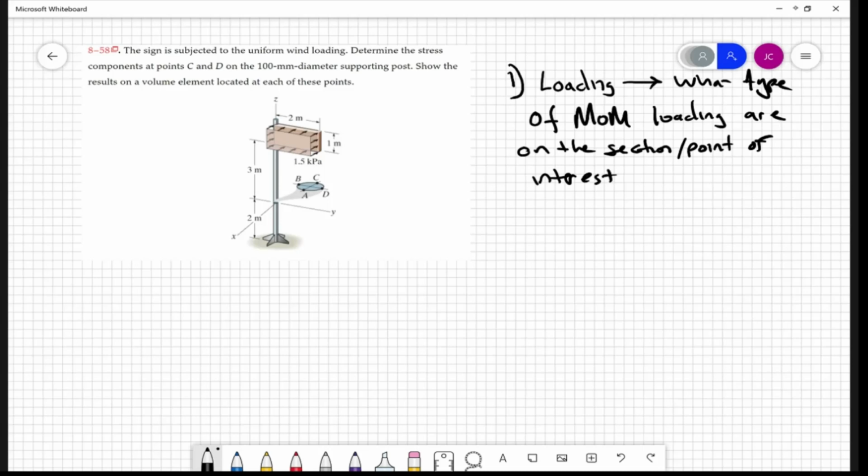Okay, so they tell you to figure it out on this cross section at this point. So you have to be able to look at this and say, okay, this is going to produce torsion around the z-axis, a bending moment around the y-axis, a shear in the x direction, whatever it is, right? And that's the first thing that you need to be able to figure out. The second part is then to take those loadings and determine the stresses.